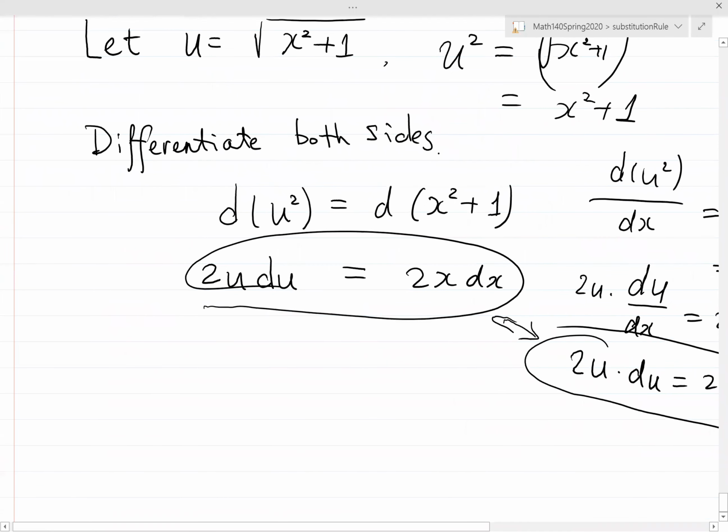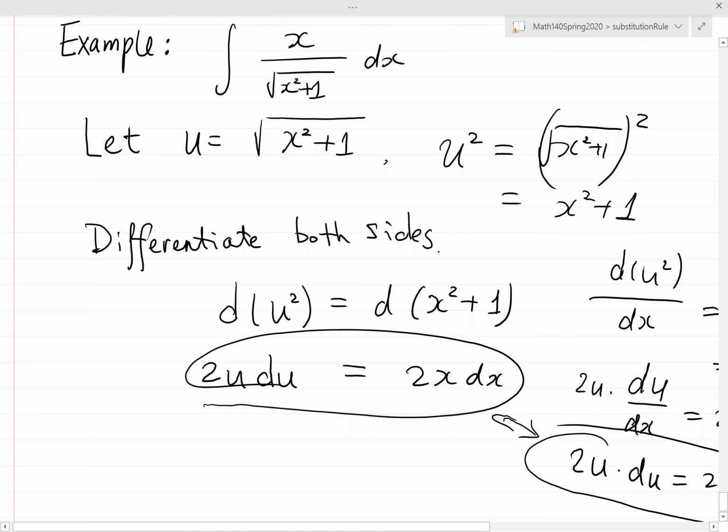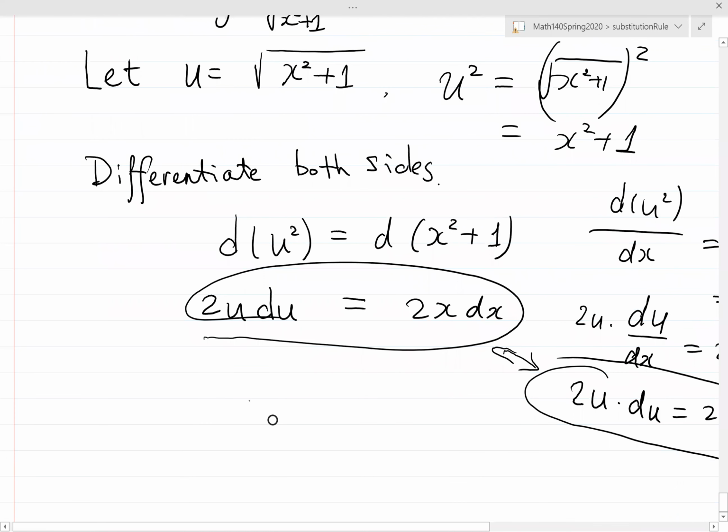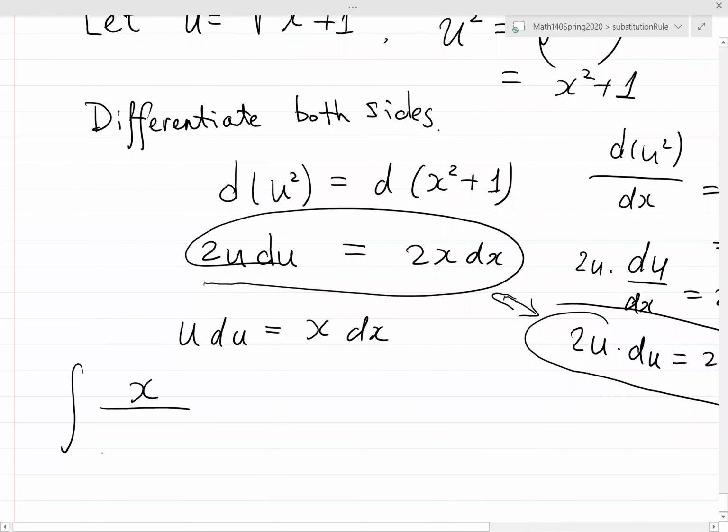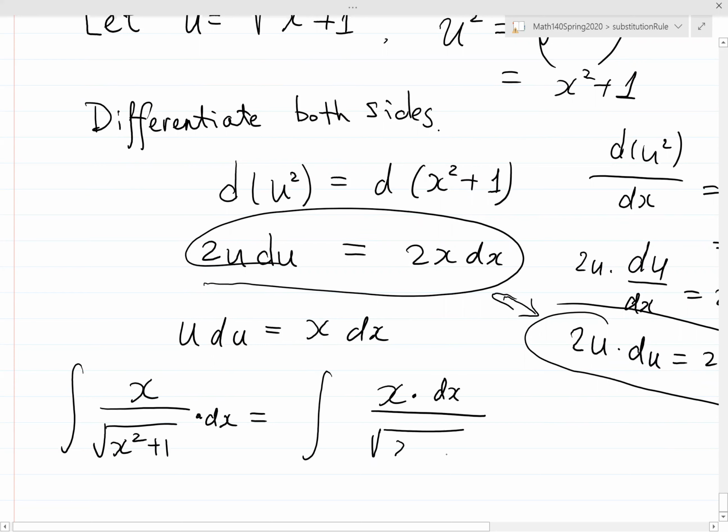So we can cancel the factor 2, and you get u du equals x dx. Now the original integral: remember the relation of dx and the integral is multiplication. So this is x multiplied by dx, over the square root of x squared plus 1.